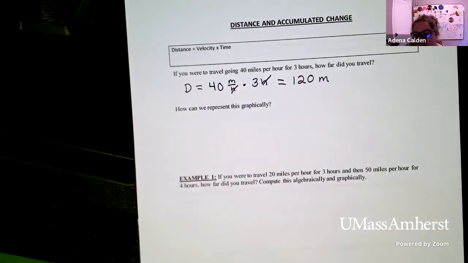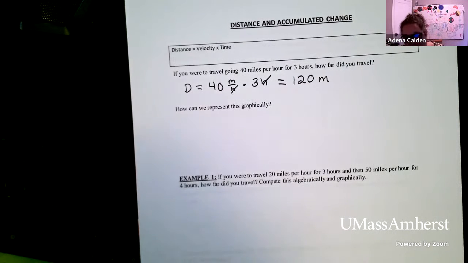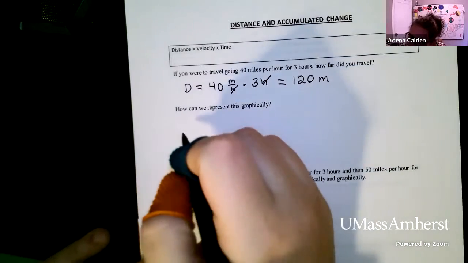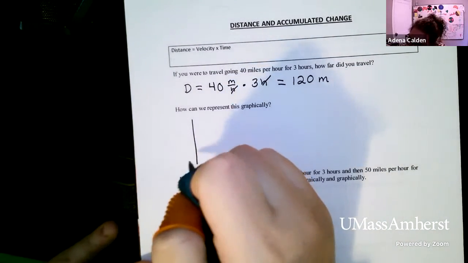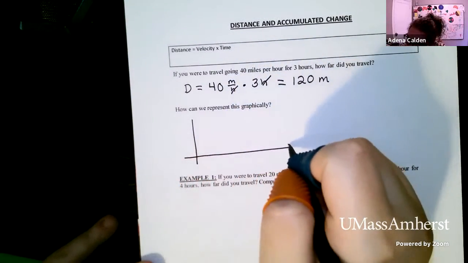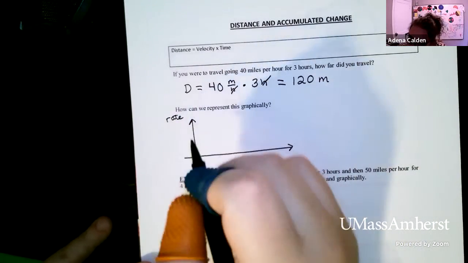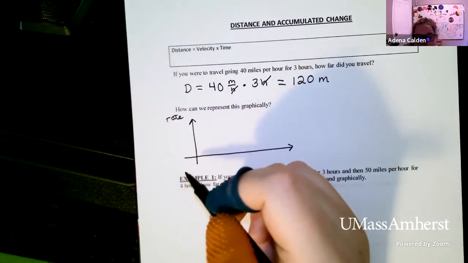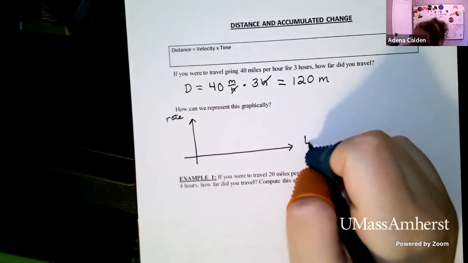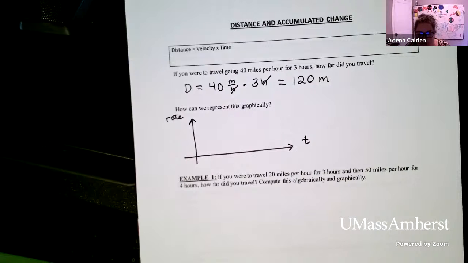But we can also represent this graphically, and this is different than how we usually interpret and look at graphs. So let's see what that might look like. So if we were going to graph this, we're going to put our rate on the vertical axis, and we're going to put our time on the horizontal axis, okay? So our rate here was 40 miles per hour.